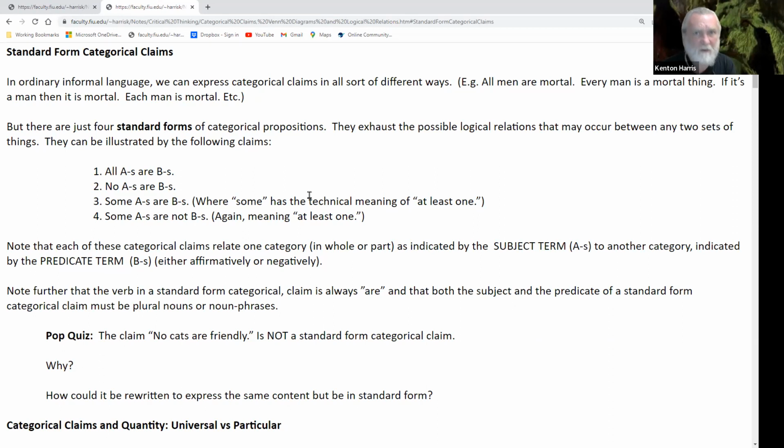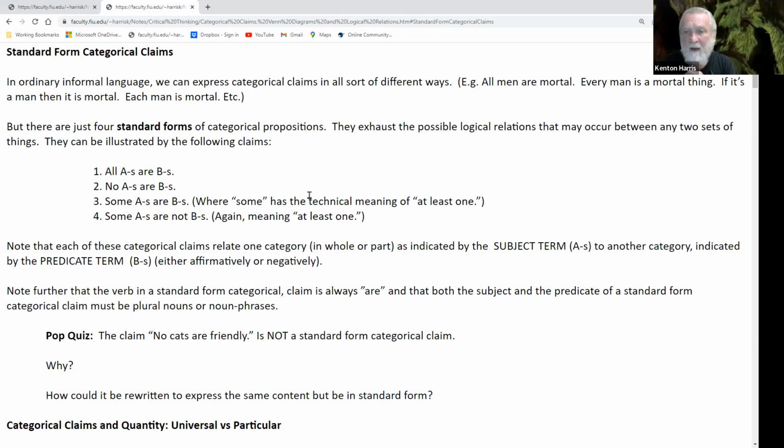Well, for two reasons, principally. One, standard form categorical claims have to be one of the four listed here, where I'm saying all blank are blank, or no blank are blank, or some blank are blank, or some blank are not blank. We'll talk more about this in a moment, right?